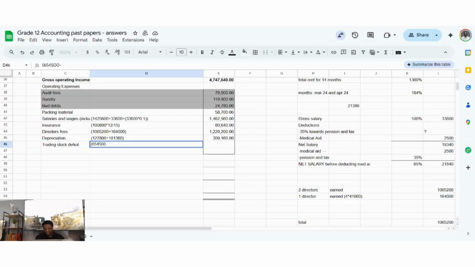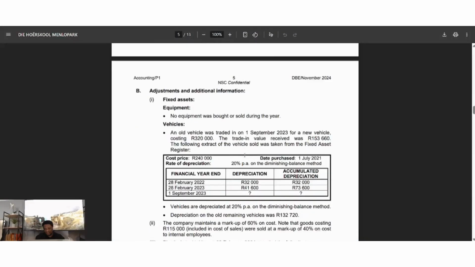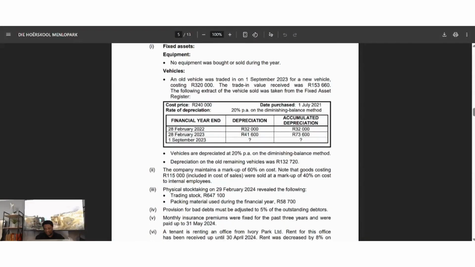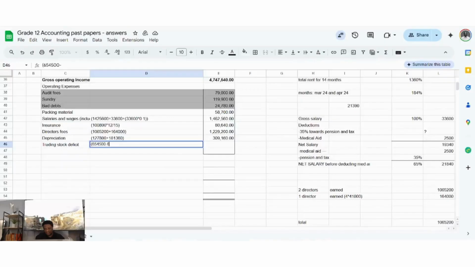And then subtract the stock count, which was showing 647,100. And therefore, you get 7,400, and I think that's pretty much it.